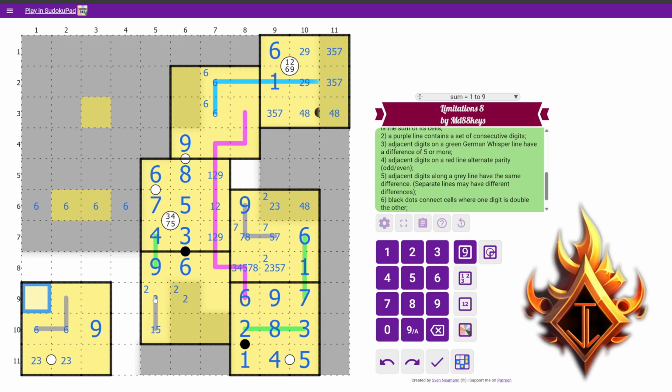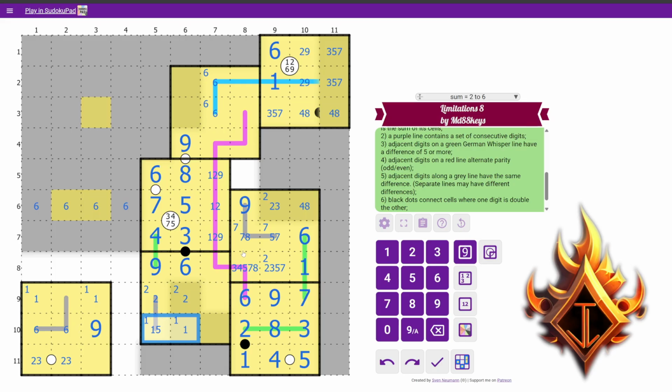And yeah, so 1 is there or there. And now 1 is there. Okay. Alright, 1, 2, 9.